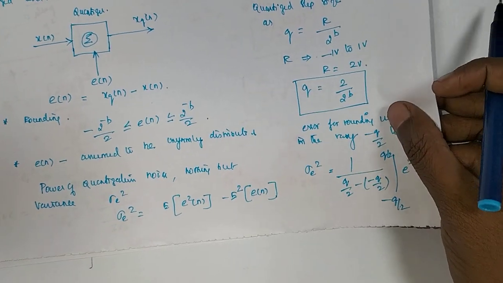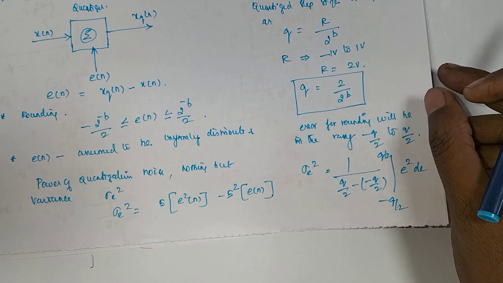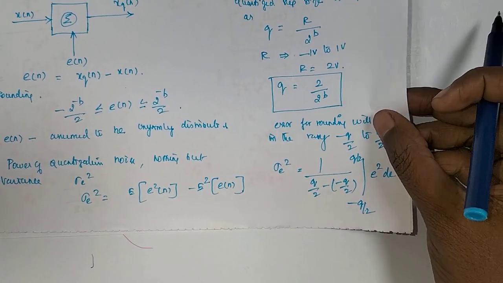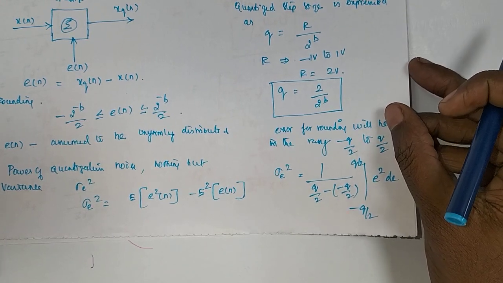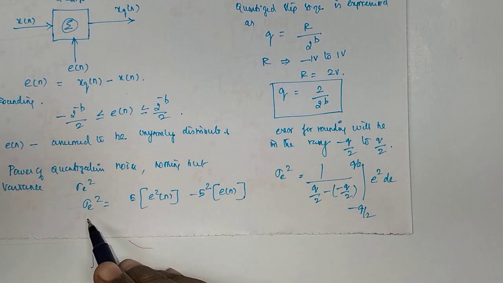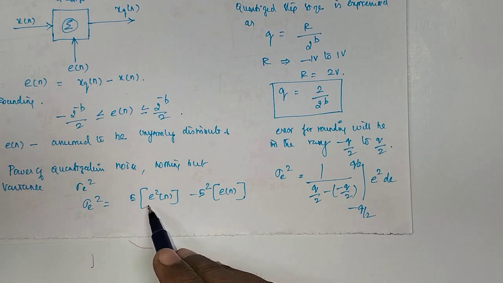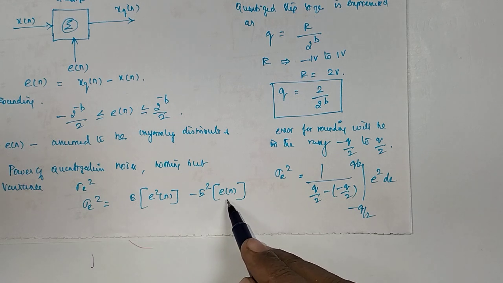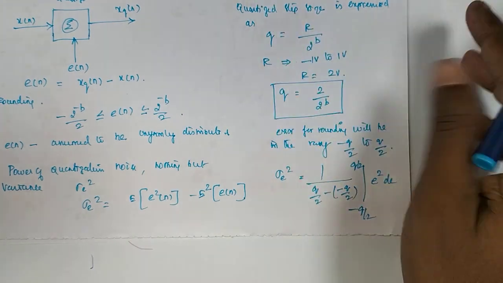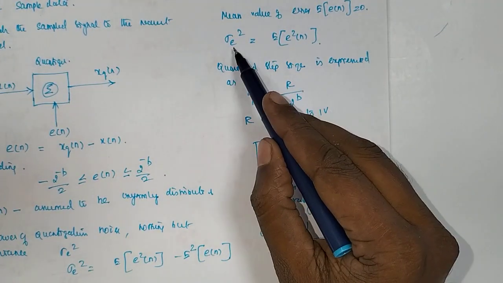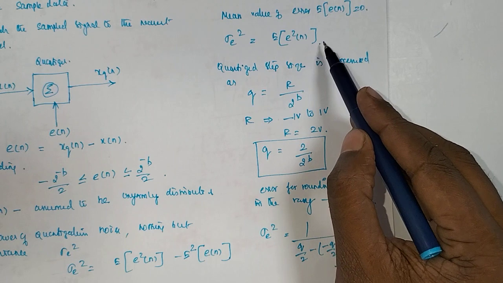I am assuming the error is uniformly distributed, and then the mean of the noise is equal to 0. So the noise variance is E of e square of n minus E square of e of n. Here the mean is equal to 0, so my quantization variance sigma e square is equal to E of e square of n.